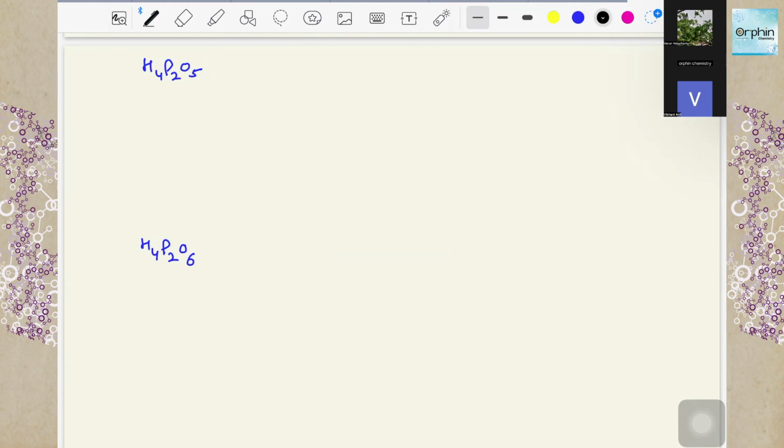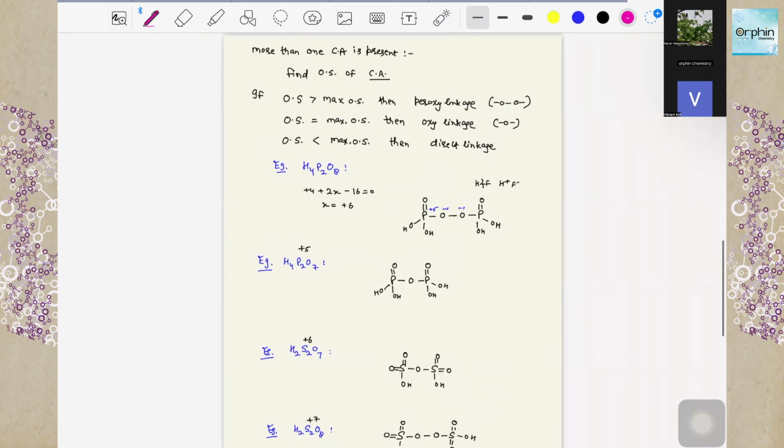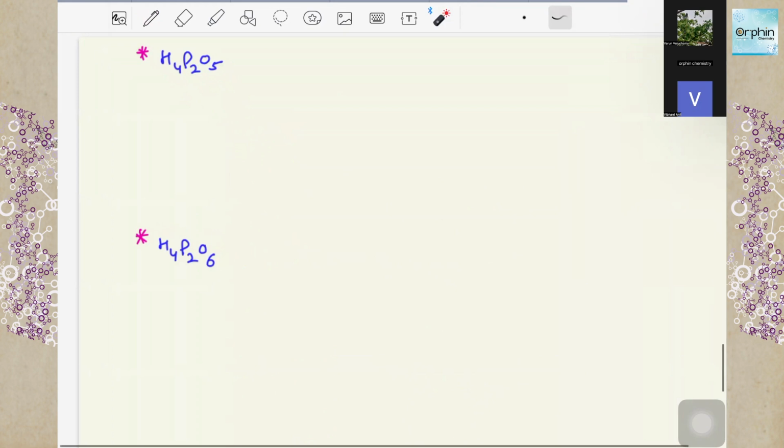In these two cases, beta, we have to make the structure. But the point is, these are two important ones, because that is a trick, not a rule. Actually, the structures exist in the way they exist, and we are trying to remember them. That is why we are using these particular tricks, right? But they are not rules. So let us see how the H4P2O5 structure exists.